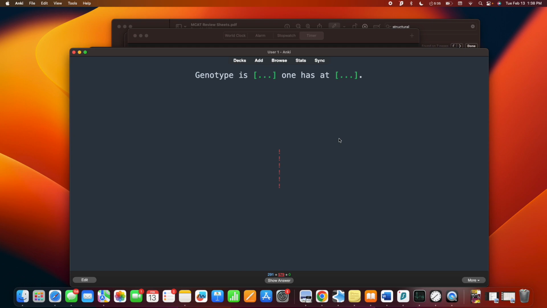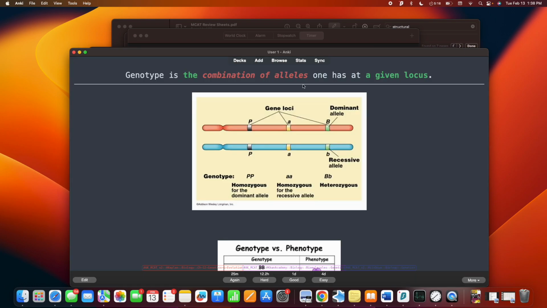Now, genotype is the variation of a gene, like the combination of alleles one has at a given locus. That's the genotype.